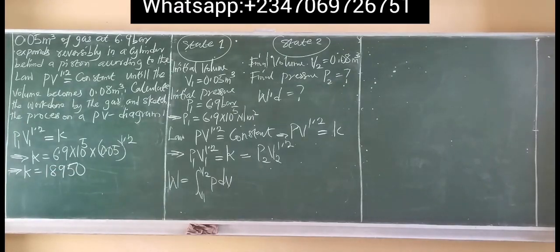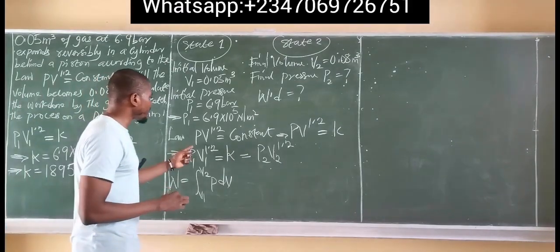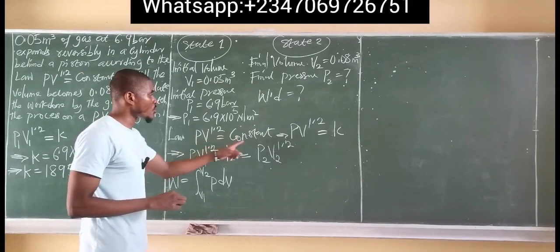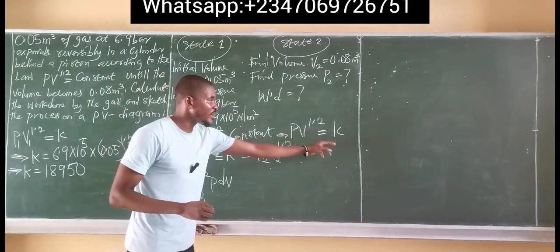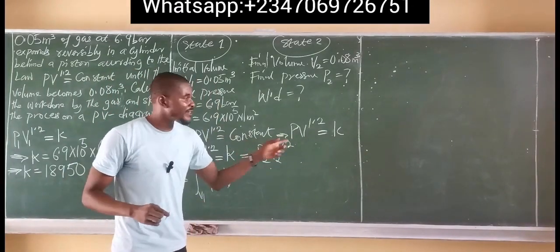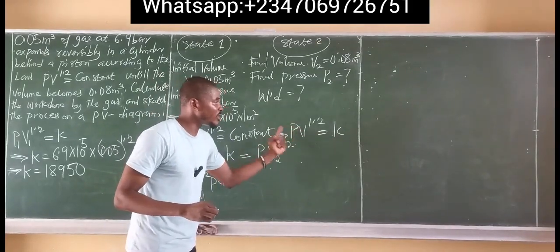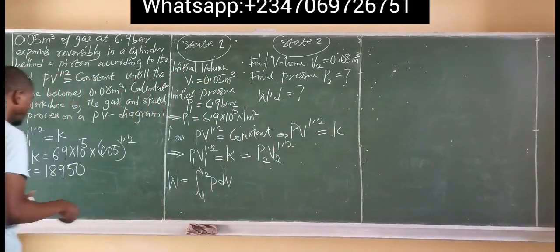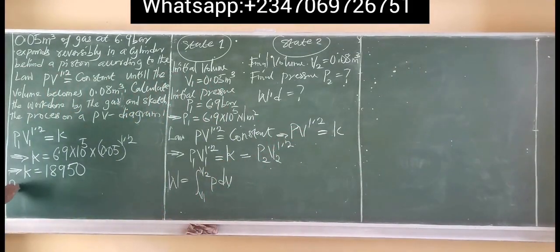Okay, so if this is the value of K, not forgetting, the law simply says PV to the power of 1.2 is equal to constant K. So we fall back now and relate these two together to find the value of pressure. Recall that PV to the power of 1.2 is equal to K. This is the law.